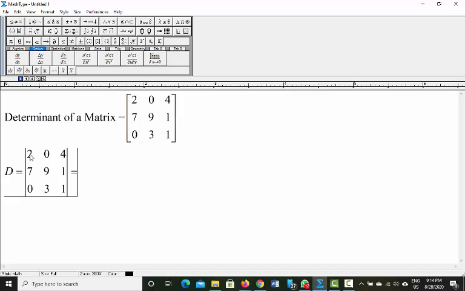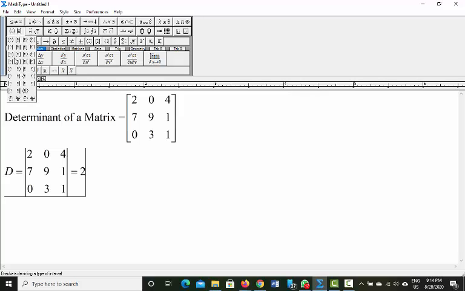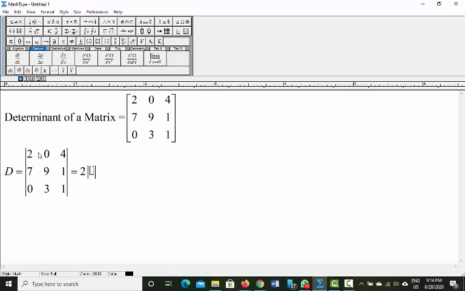To find the determinant of a matrix, first we need to take the first element of the first row. When you take the first element of the first row, we need to ignore that row, and also we need to ignore that column. Check my mouse movement.